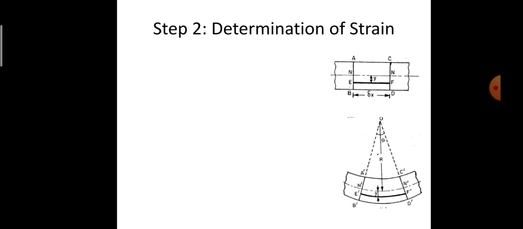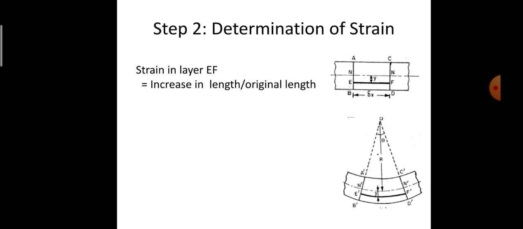Next I need to determine the strain. As I know, strain in the layer EF is increase in length divided by original length. The increase in length, as found in the previous slide, is Y times theta, and the original length is EF, the original length before the application of load.